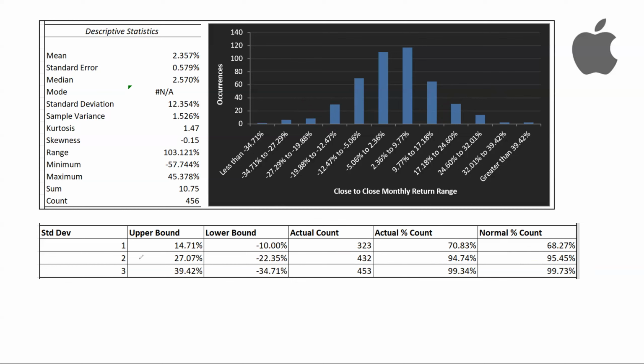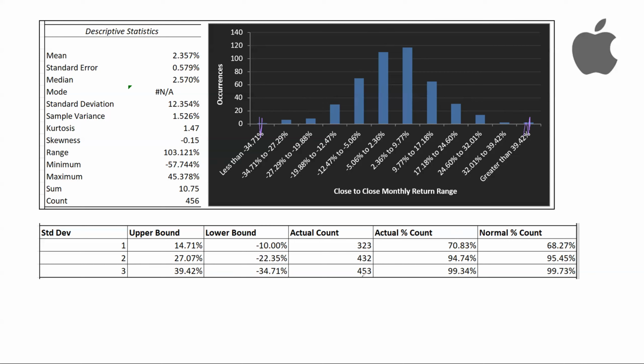And lastly, we have the standard deviation 3, which is the upper bound is 39.42, which is somewhere around here. Sorry. And the lower bound is 34. So it's the entire curve, okay? It is the entire curve.